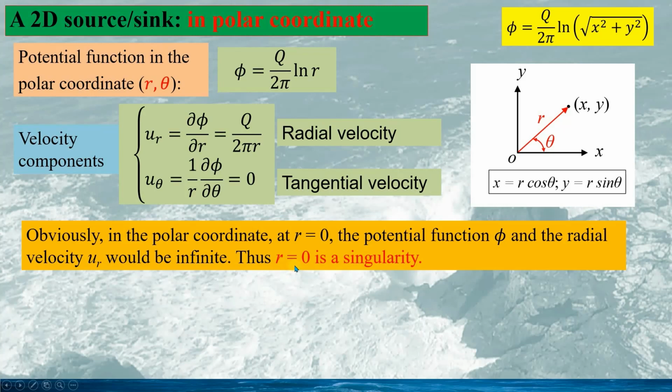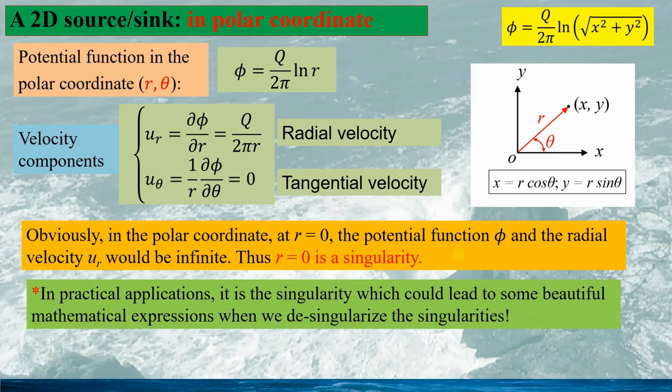That means r equaling 0 is a singularity. In practical applications, it is the singularity which could lead to some beautiful mathematical expressions. When we desingularize the singularities, we will see this as my talk moves forward.